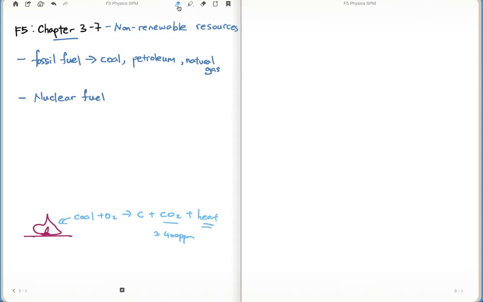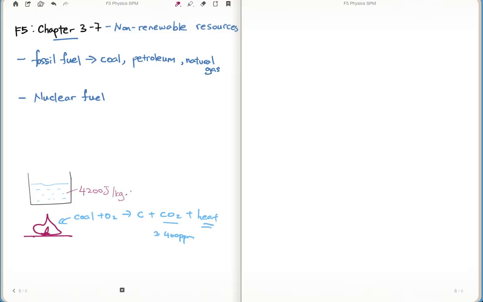Yeah, and the heat is what we need to use. This heat that you have, you then use to boil water. In terms of concept, from the previous chapter, to heat up water you need 4200 joules per kg per degree Celsius.